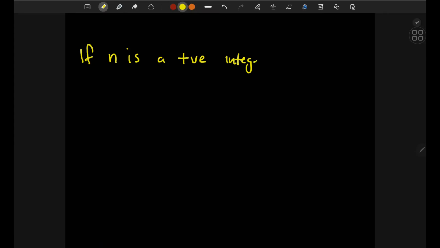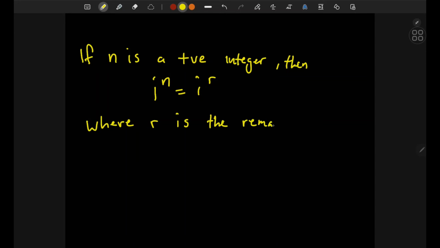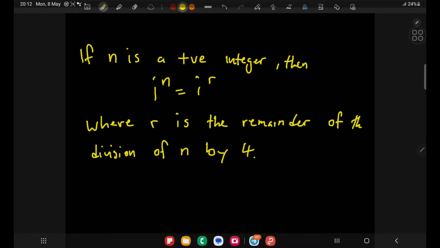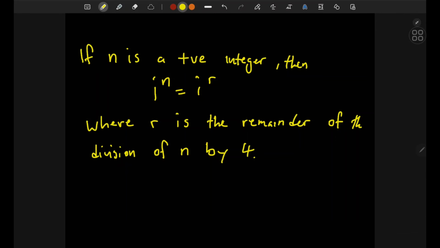If n is a positive integer, then we can work with this kind of expression where i raised to n is equal to i raised to r, where this r is the remainder of the division of n by 4.